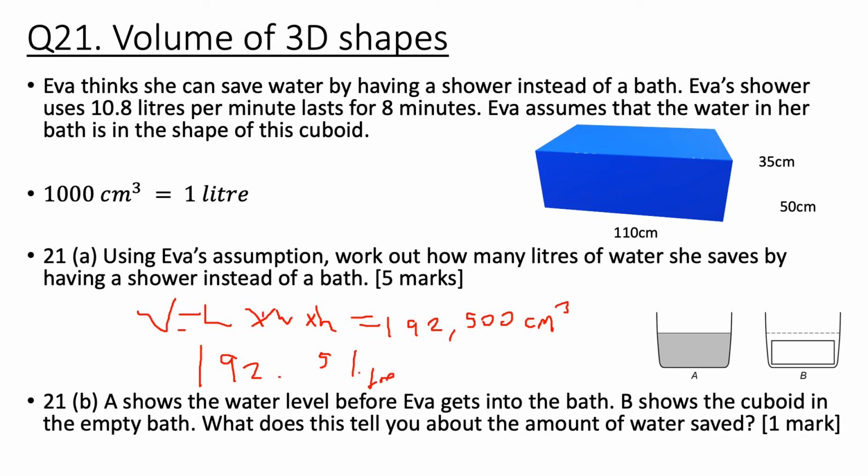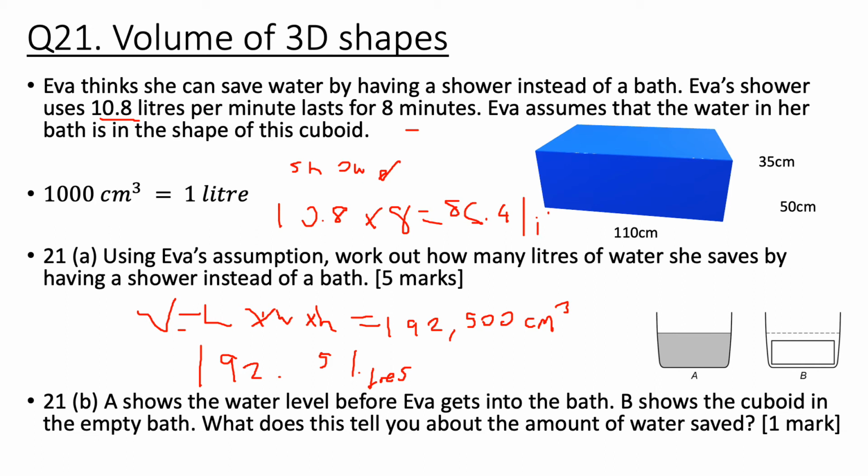Okay. For the shower, 10.8 times 8, which is 86.4 litres. So 86.4 litres.